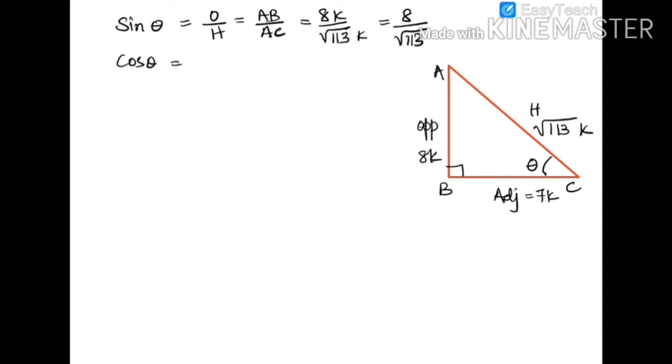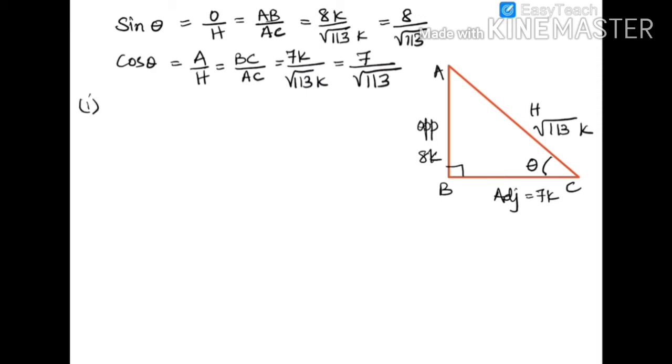Cos theta will be adjacent upon hypotenuse. So from the figure, it is BC upon AC, that is equal to 7k upon root 113k, which is 7 upon root 113.